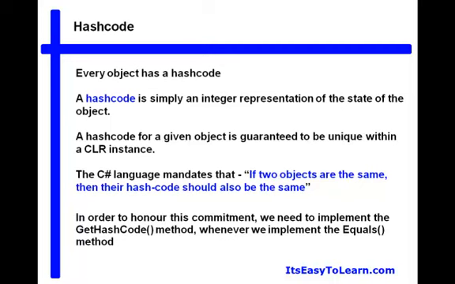The C# language mandates that if two objects are the same, then the hash code should also be the same. In order to honor this commitment, whenever we implement the equals method, we also need to implement the GetHashCode method. Let this sink in. If two objects are the same, then the hash code should also be the same.